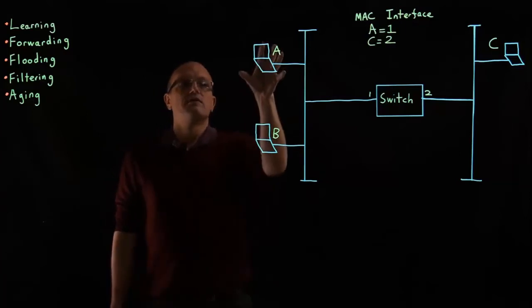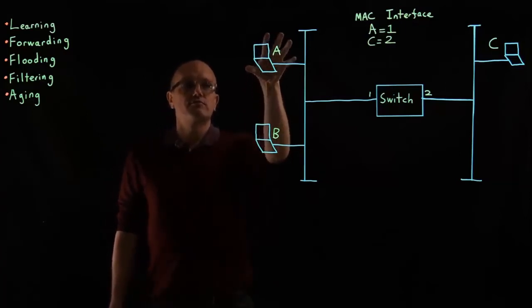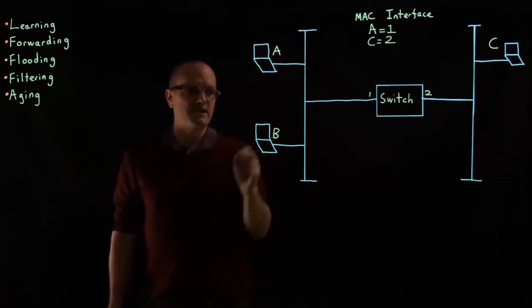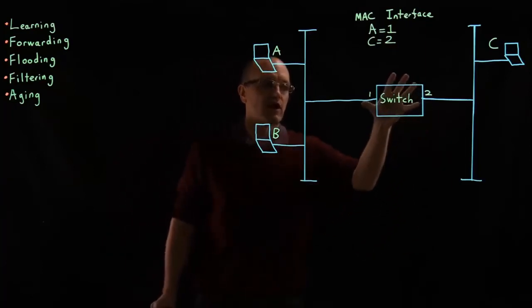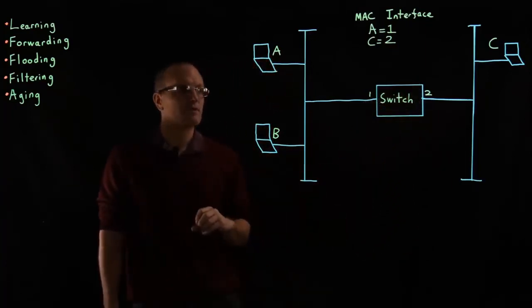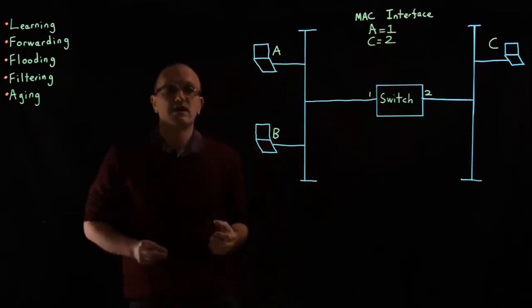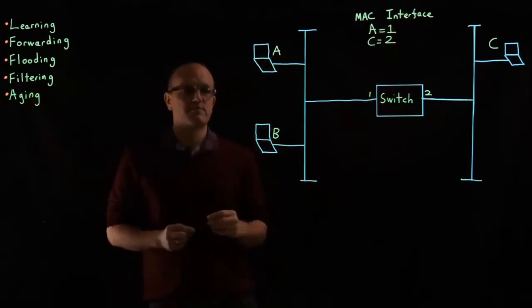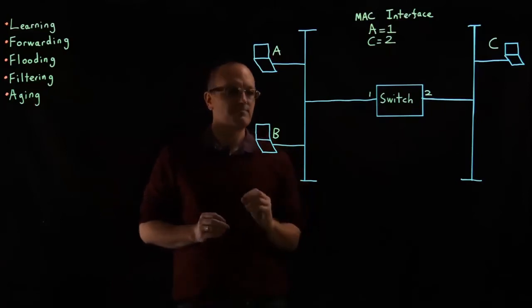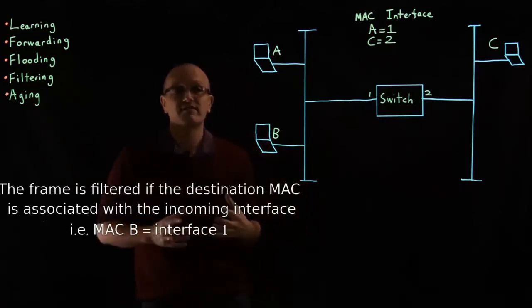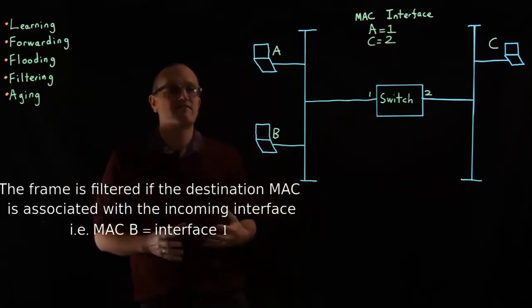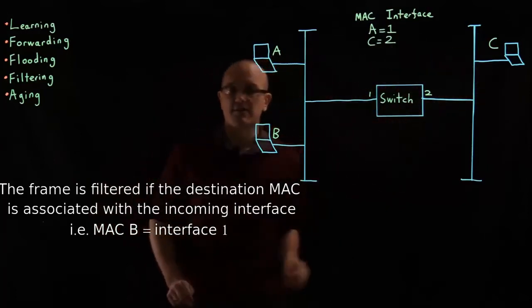So a frame from source A, destination B, arrives on our intelligent switch. Our switch does a lookup in the forwarding table. It filters this frame to prevent any unnecessary flooding further down in the network.